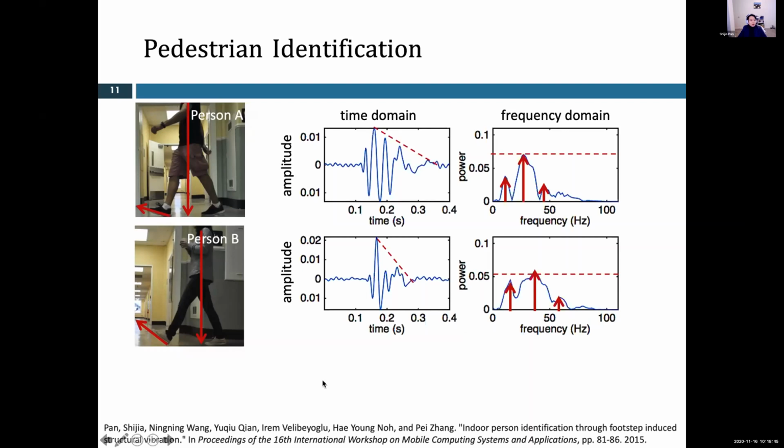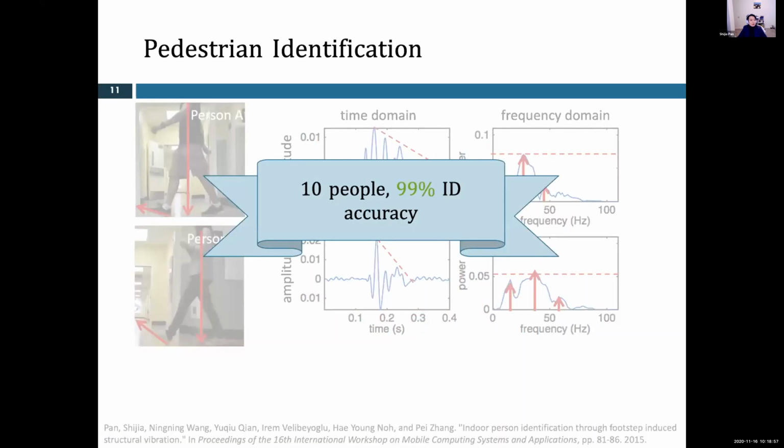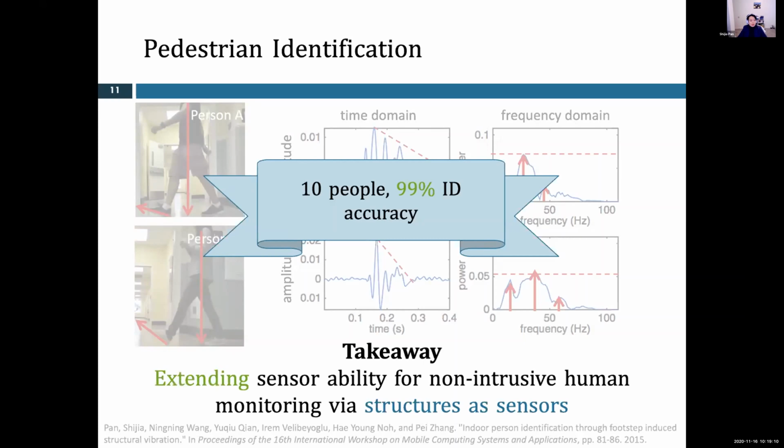These are the features we can use to distinguish different people based on their footfall-induced vibration. We did a real-world experiment where we tried to identify 10 people, and we got 99% identification accuracy. The takeaway message is that we can extend the sensor's ability to sense human information non-intrusively by using structure as a sensor.